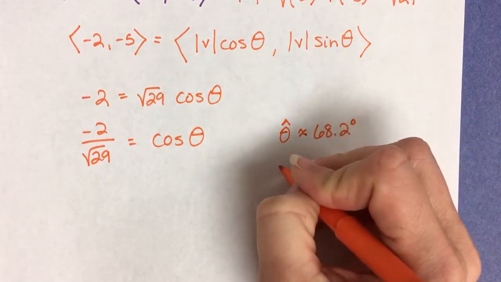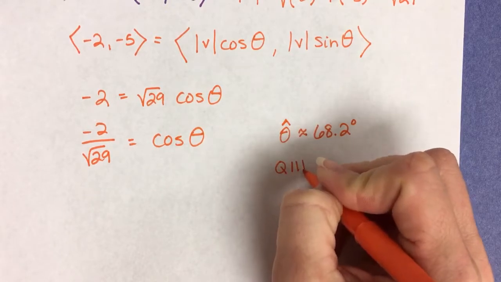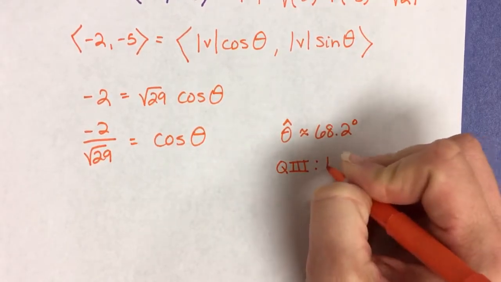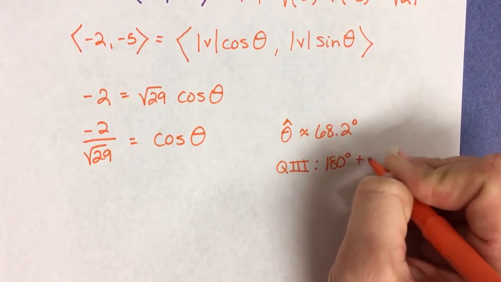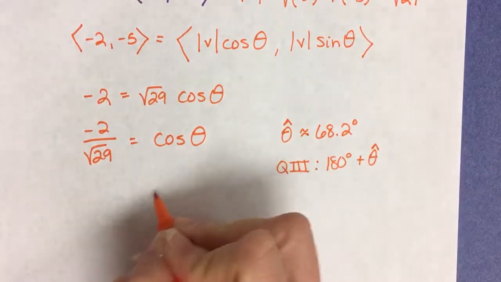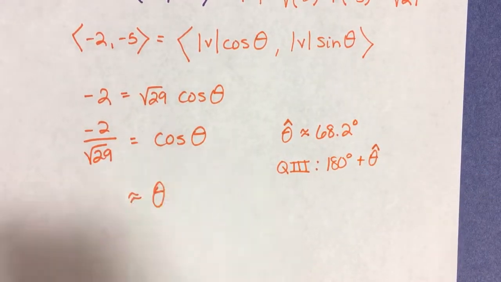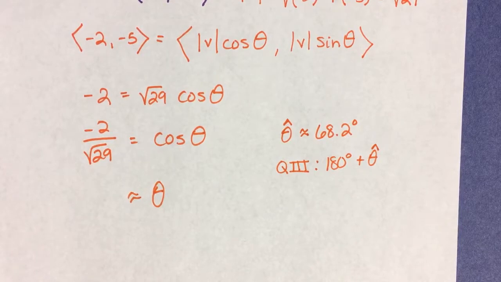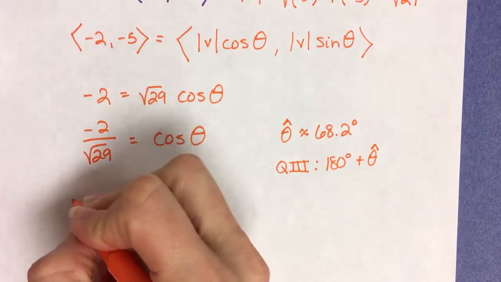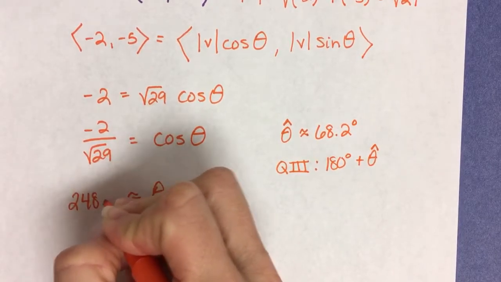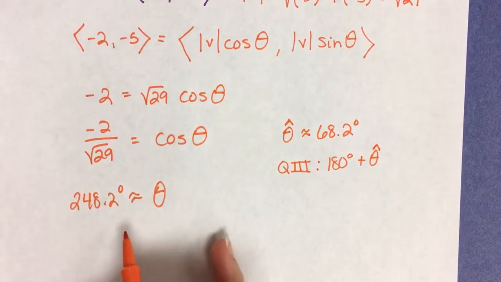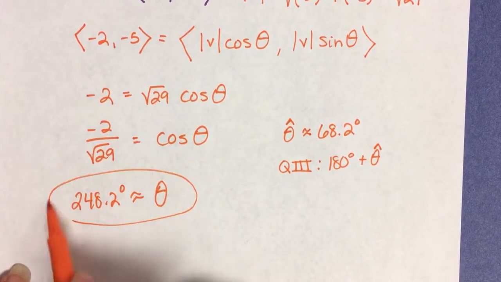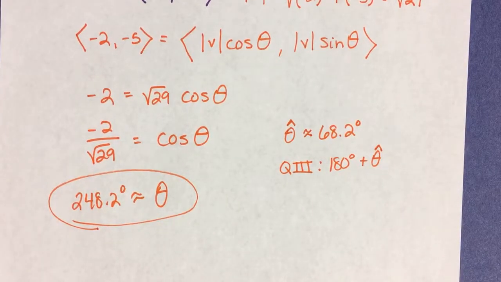So then if I want third quadrant, you remember your rule for third quadrant is do 180 plus the reference angle. So 180 plus my reference angle is going to give me an angle of 248.2 degrees. So this ends up being my answer, okay?